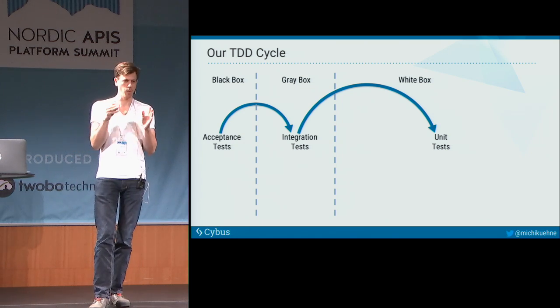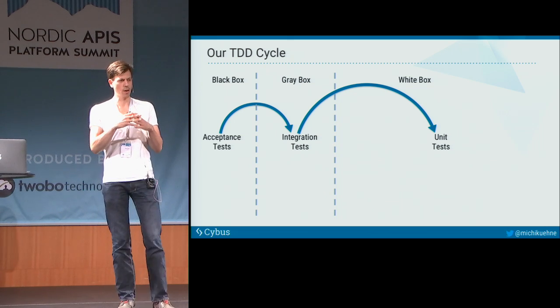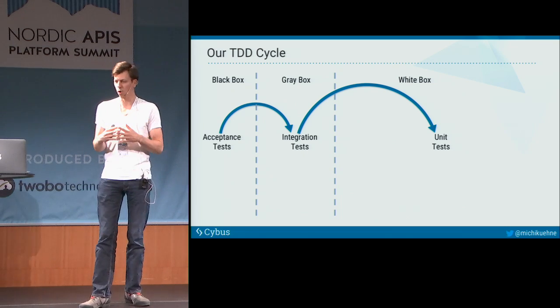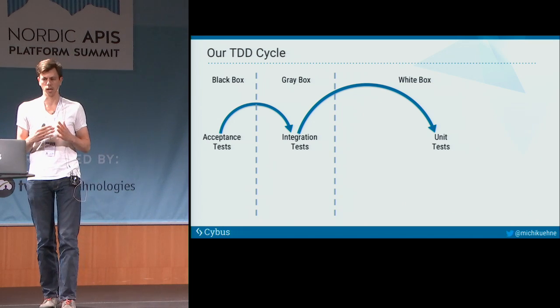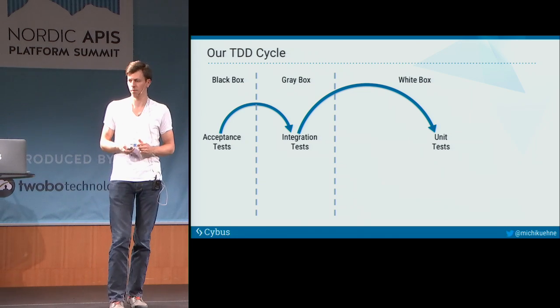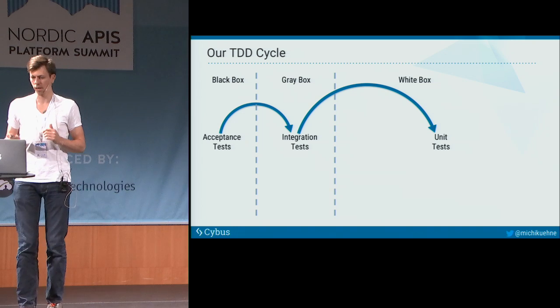So we decided, okay, now we know the big picture. We defined how the services should interact. We defined the interface of the service, and now we want to really implement the functionality of our service. So we write tests for the functionality, for the functions, for the module, really low level.